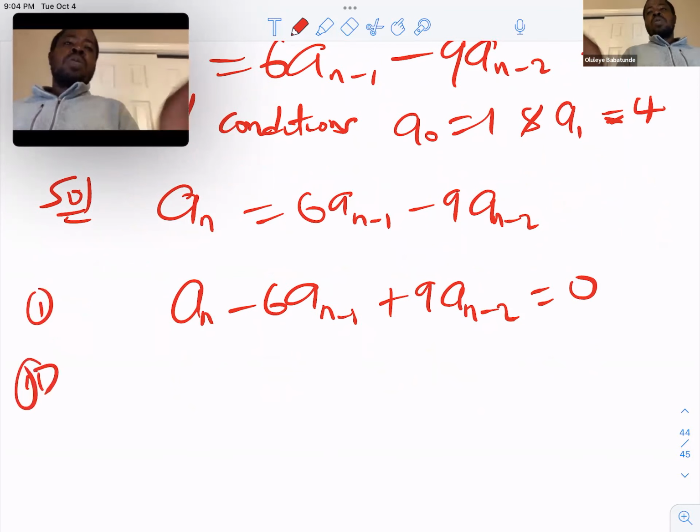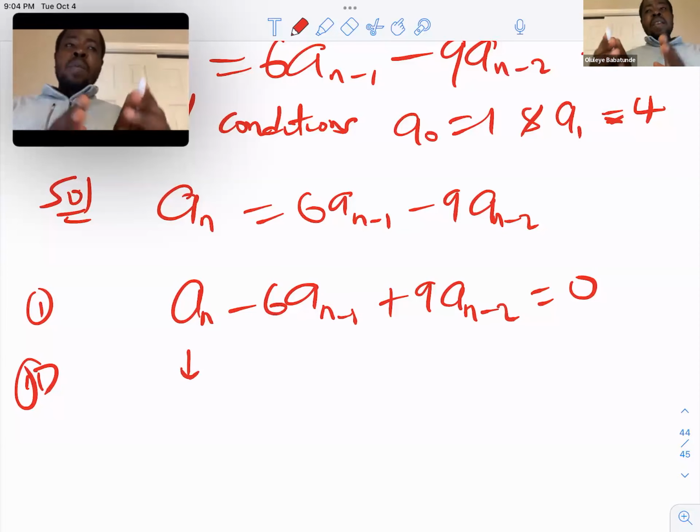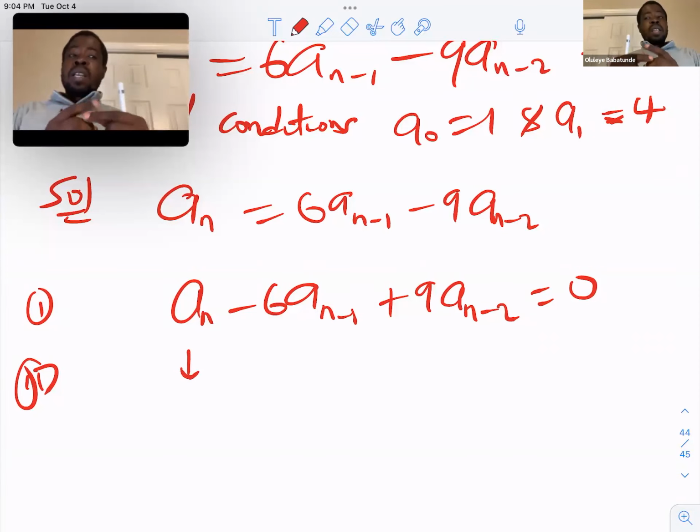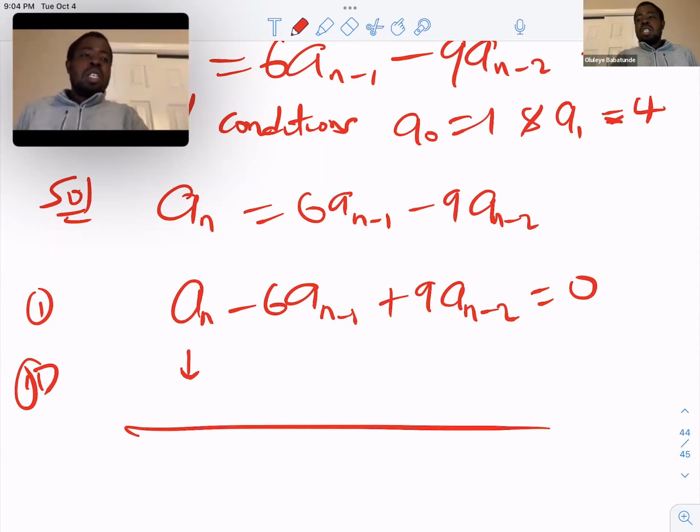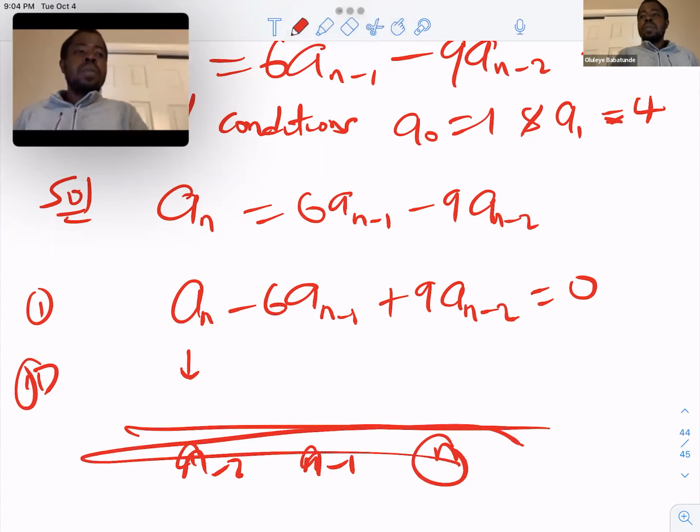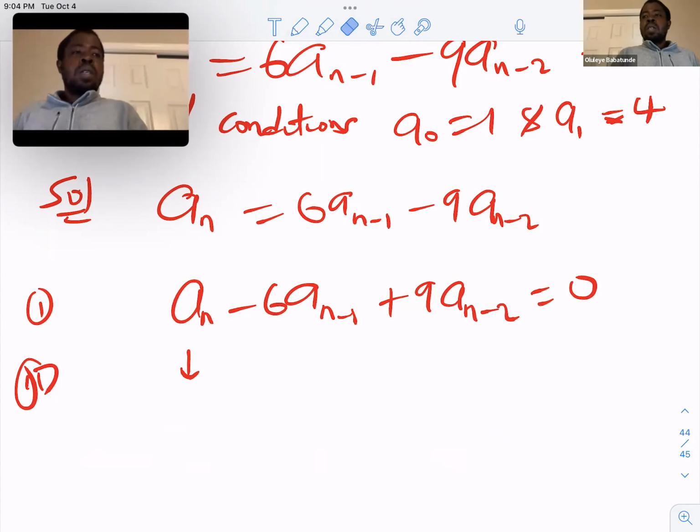Step number 2, write the characteristic equation. Remember, this is the leading one: n is the leading one, then n minus 1, n minus 2. So you are looking at n in terms of position. So the leading term gives you r squared.